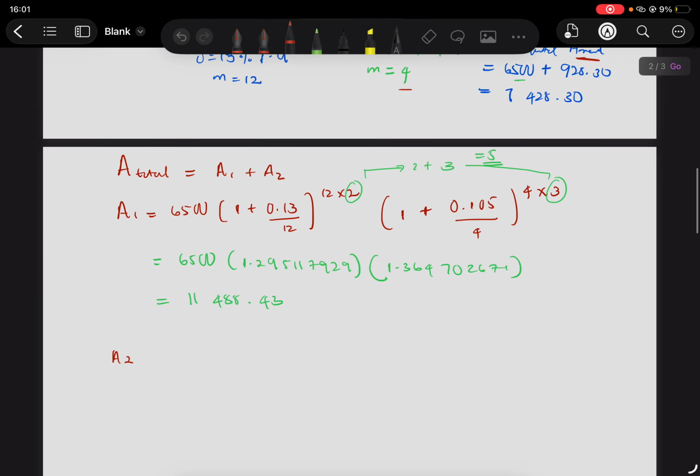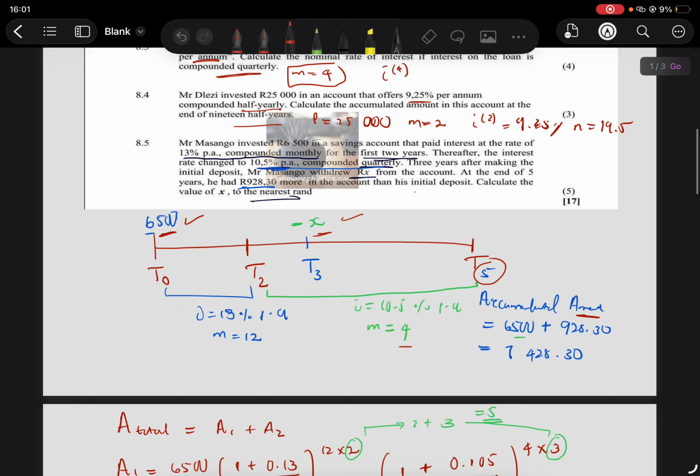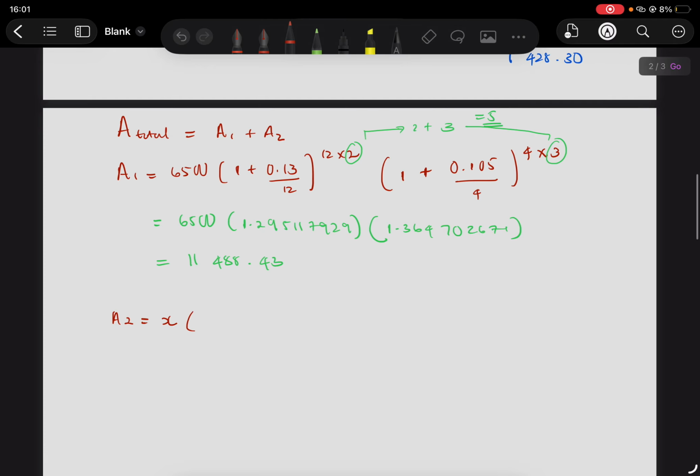Then we have A2, which relates to the x, the withdrawal that was made at time 3. With x, because it's made at time 3, what's only going to affect it is the 10.5%, not the 13%. And this will affect it for only 2 years, time 3 to time 5. So you have x times 1 plus 0.105 divided by 4, to the power of 4 times 2, that is to the power of 8.